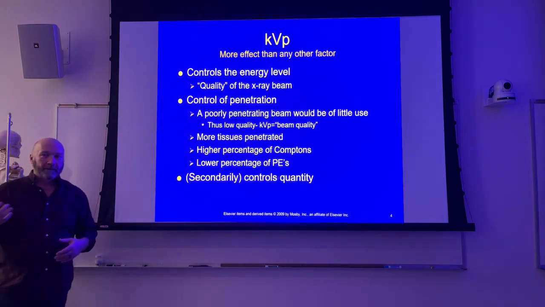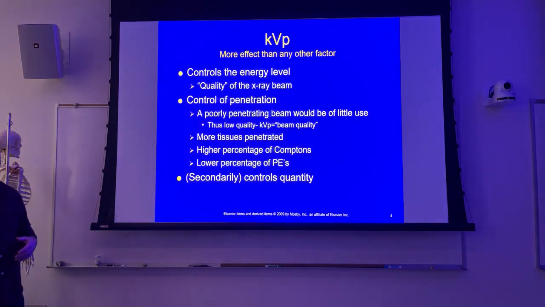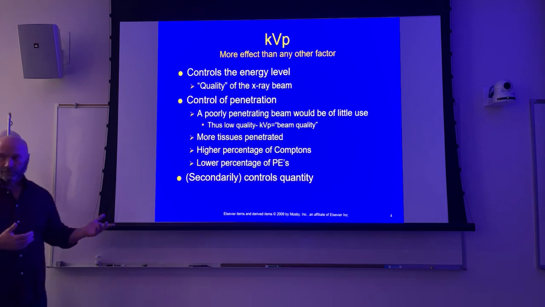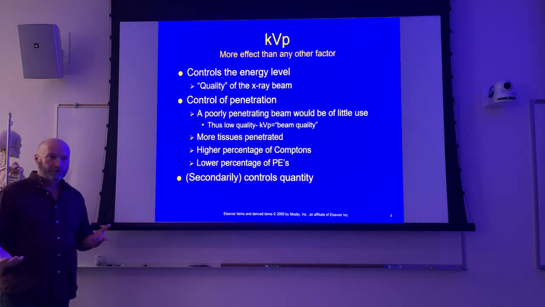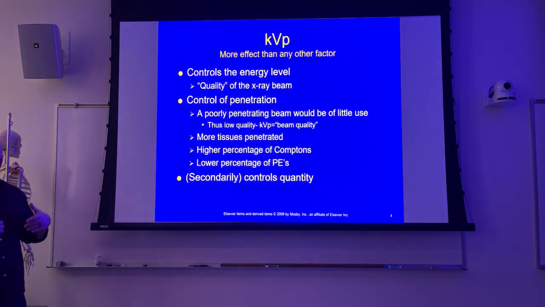So the higher the kVp, the more tissues you can penetrate, and so it controls your penetration. And when we use screens and films, that's what we use to control our contrast. The higher the kVp, the more tissues we can penetrate, and the longer the grayscale will get.